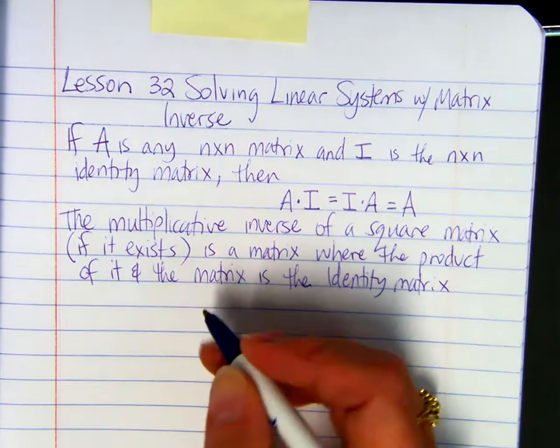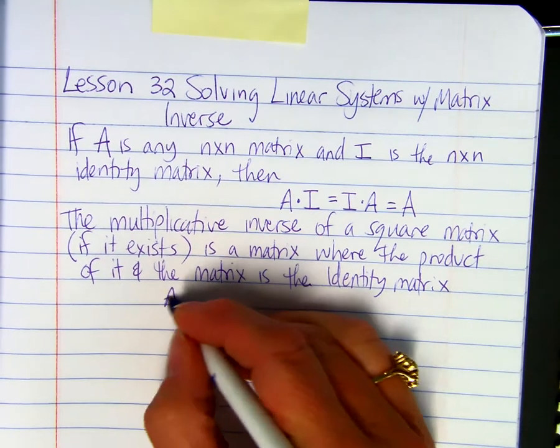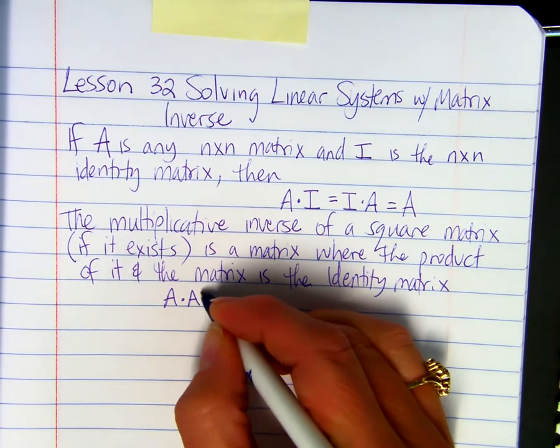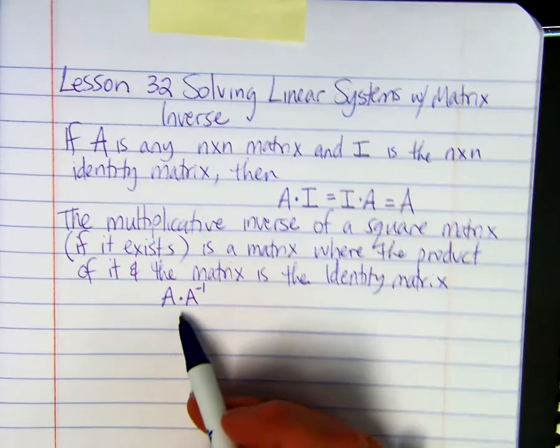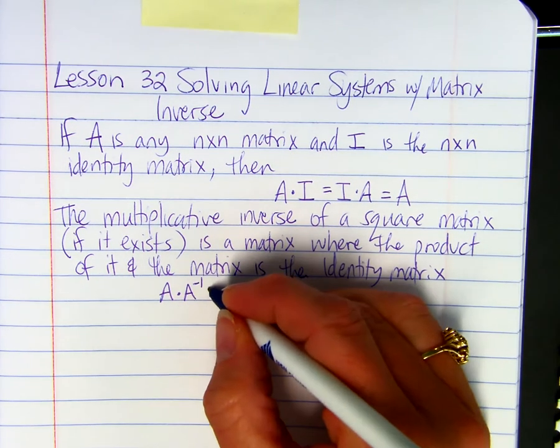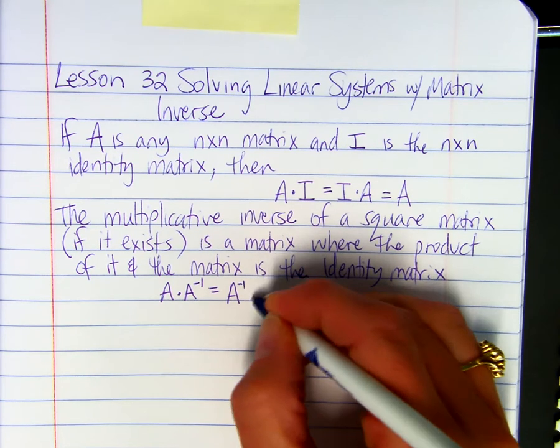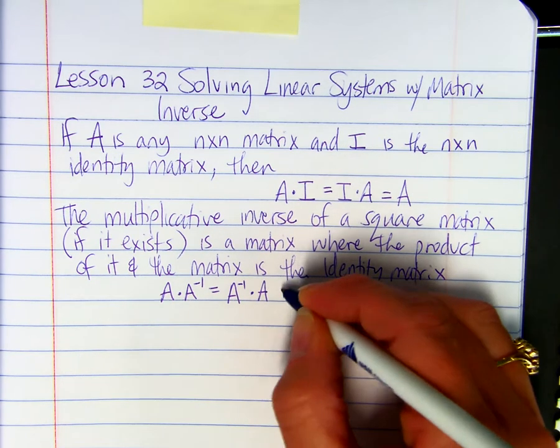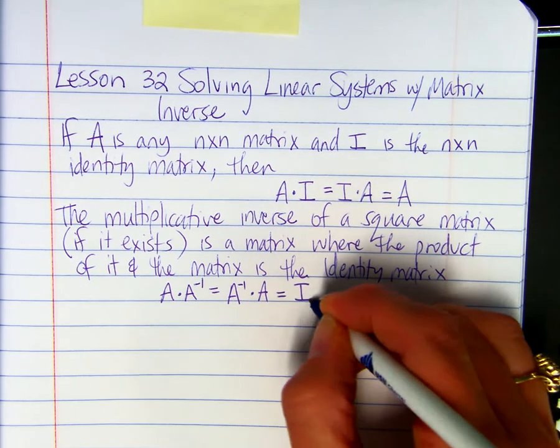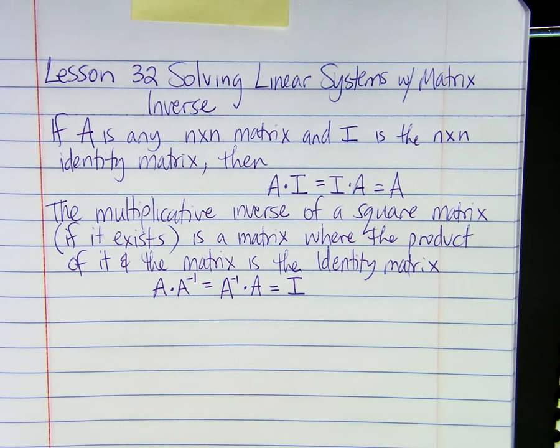So if I take square matrix A and multiply it by its inverse, and that's how we write inverse, A to the -1 power, it will equal the inverse times the matrix, and once you multiply them, you will get the identity matrix.